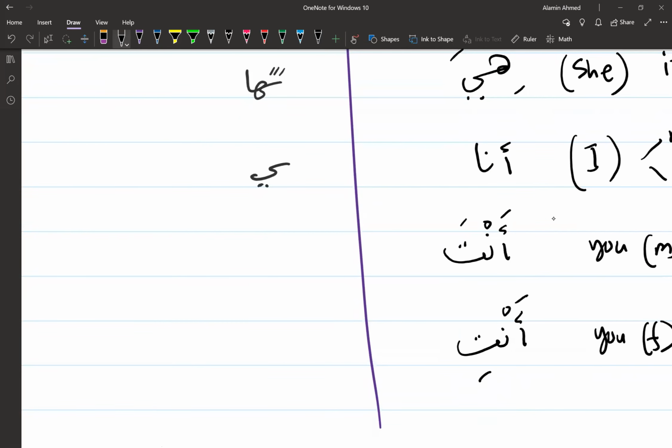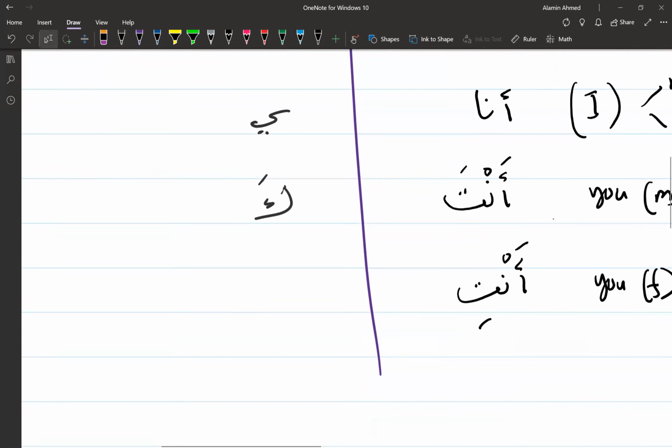And for anta, we have ka. Okay, we have ka with fatha, and for anti we have kaf with kasra. See, you have a similar situation going on here. So anta is for you masculine, and ka is for you masculine, and anti is for you feminine, and ki is for you feminine.